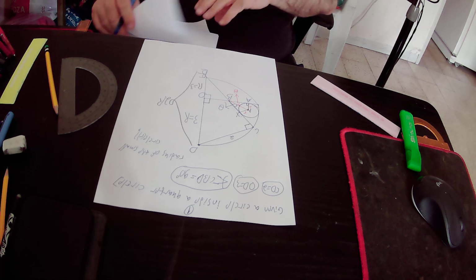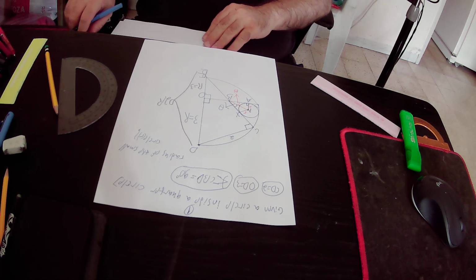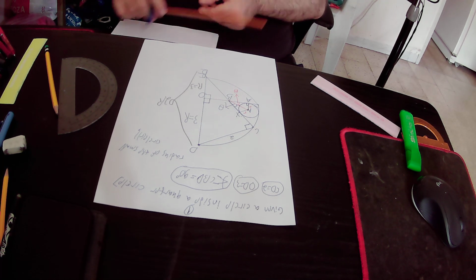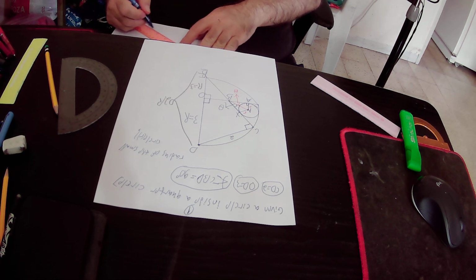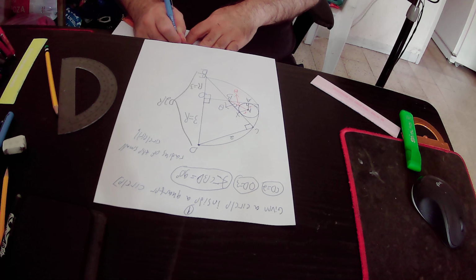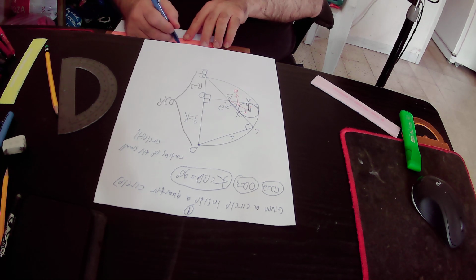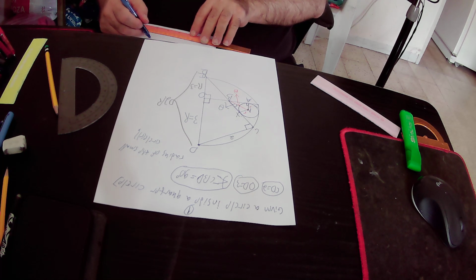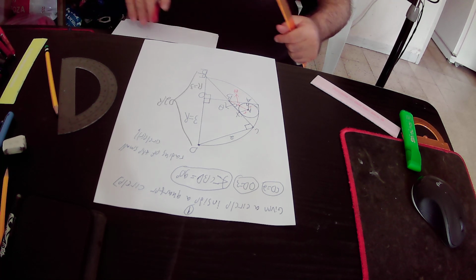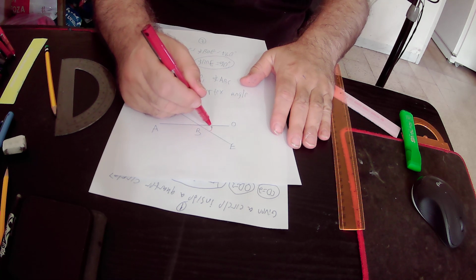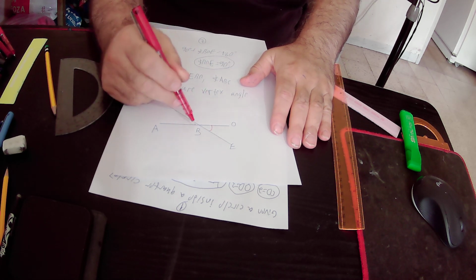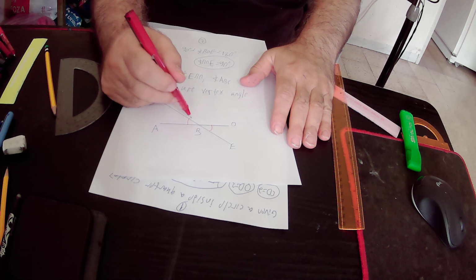I will draw them again. Actually, angle EBO, this angle, and angle ABC, this angle, those two angles are vertex angles.